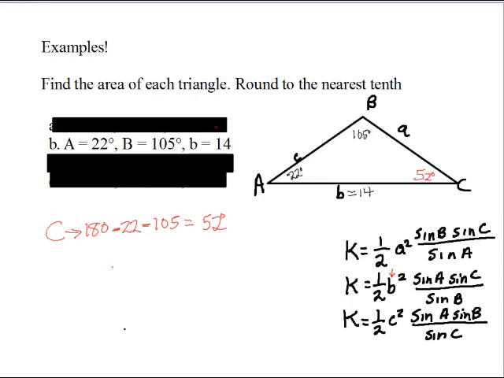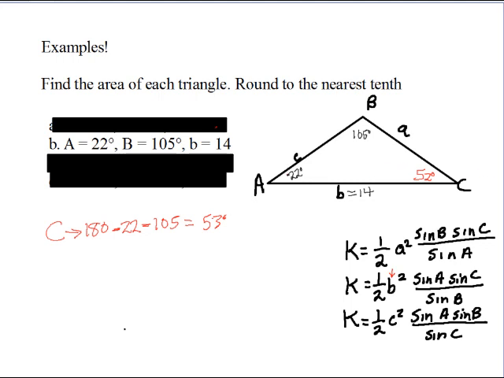Okay, so knowing this, we now need to plug in. So that's what we're going to do. And actually, my apologies, it's not 52. You know, I don't know, 5 and 2, that's a 7. C really needs to be 53. My apologies.